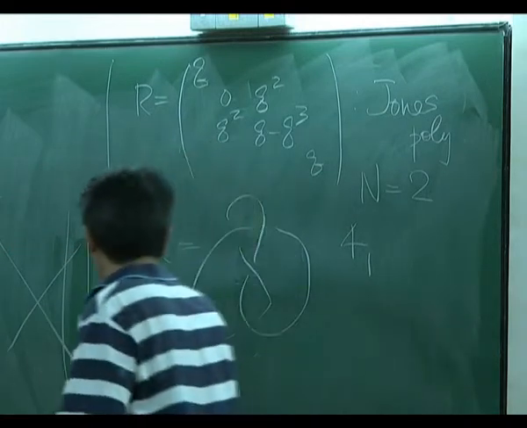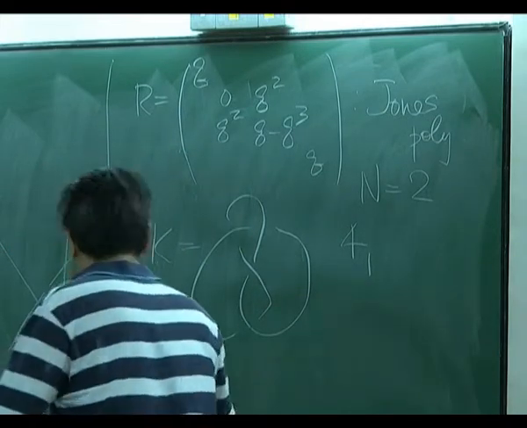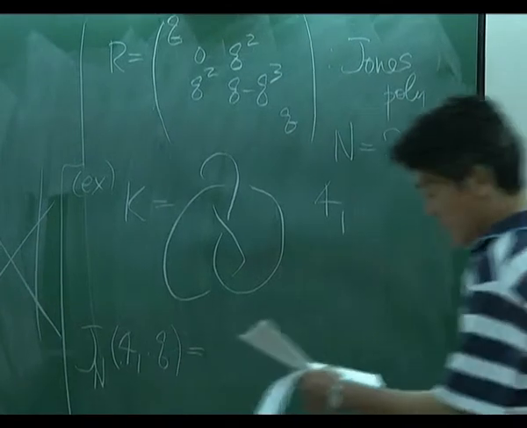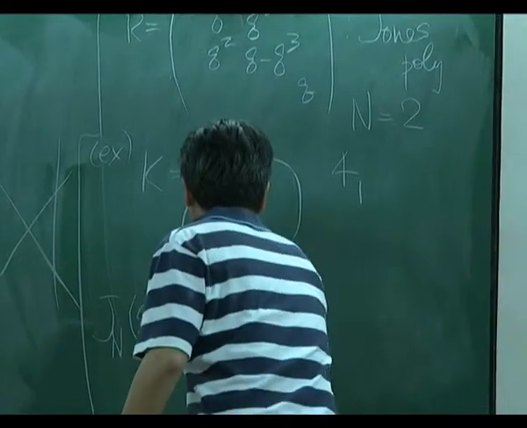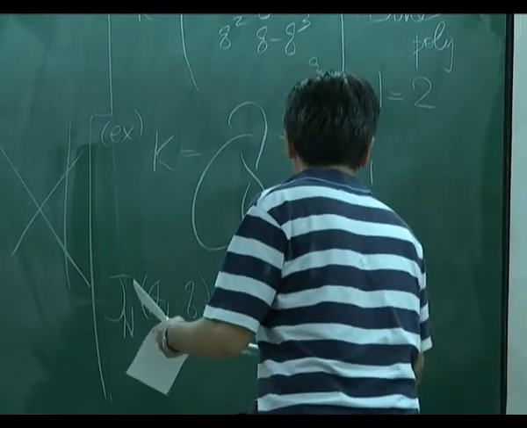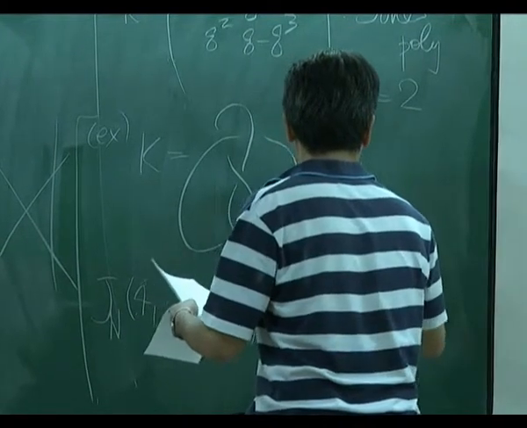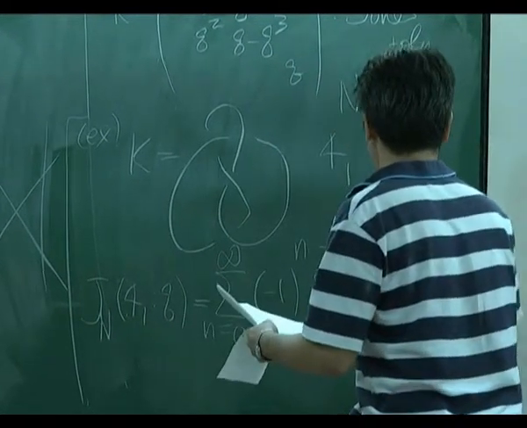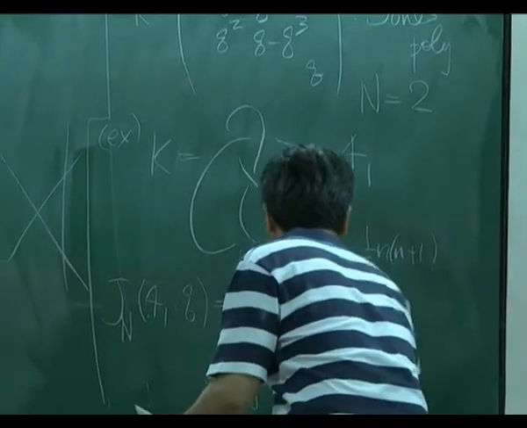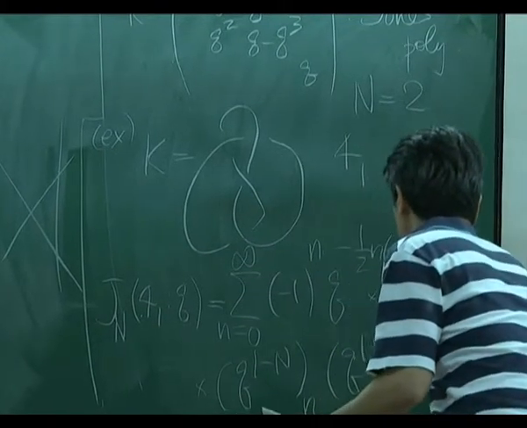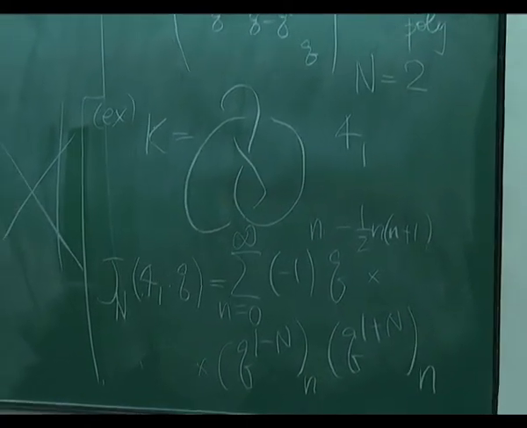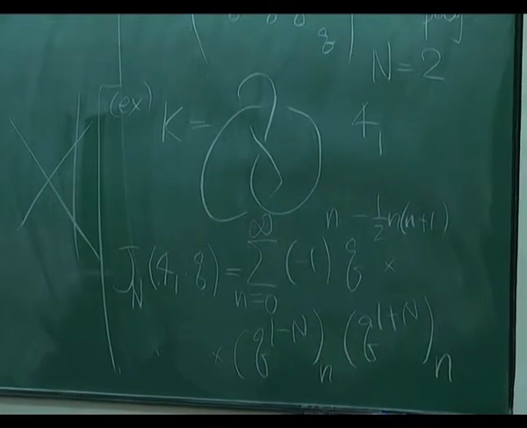And in this case, it is known. The colored Jones polynomial is the expectation value in SU(2) Chern-Simons with n-dimensional representation.